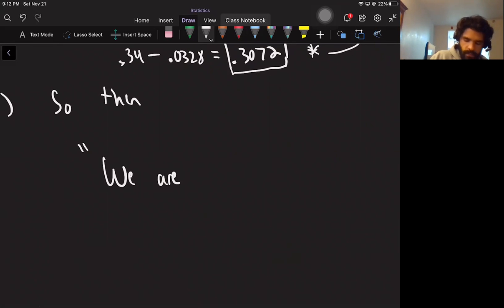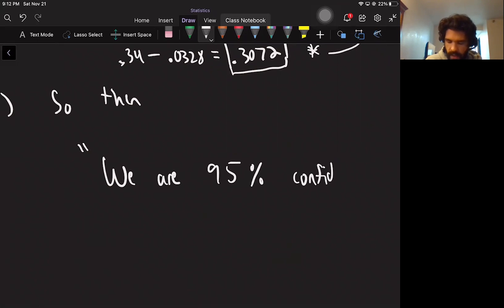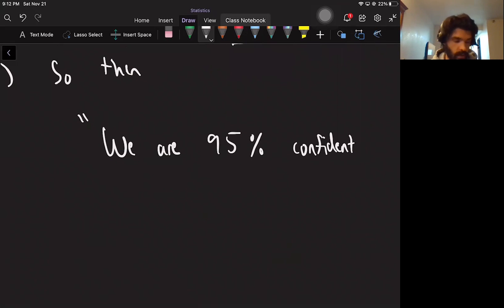We are 95% confident. We have to say that amount because we used a critical value corresponding to 0.95 area.